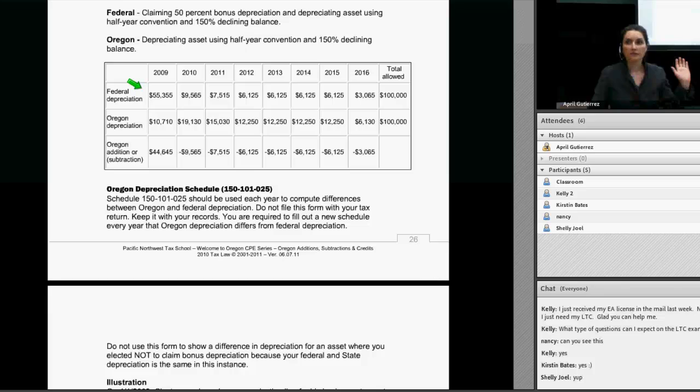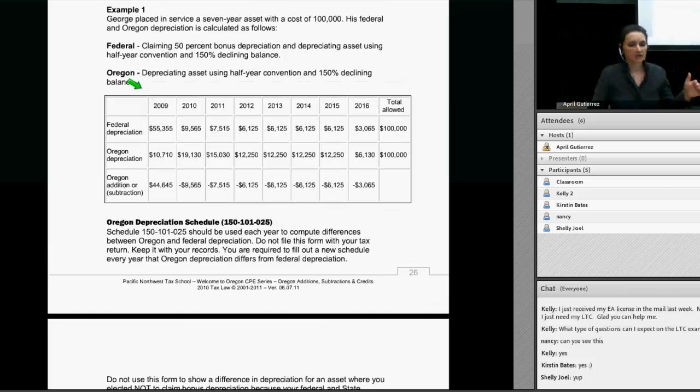Oregon is saying, wait, no bonus. You're just going to do the depreciation using 150% declining balance over the 7-year life. And in the first year after applying the half-year convention, that gives us $10,710 of depreciation. So the difference between these two numbers is $44,645, and that's an addition on the Oregon return for 2009.